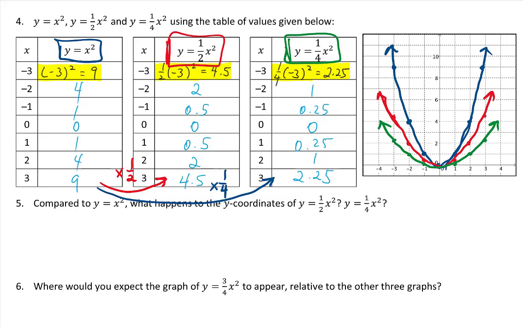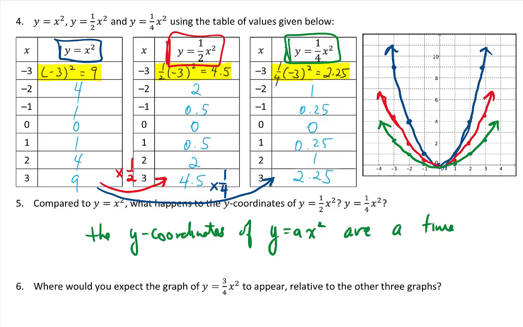So same as above, we can conclude that compared to y equals x squared, the y coordinates of y equals ax squared are a times the value of y equals x squared.